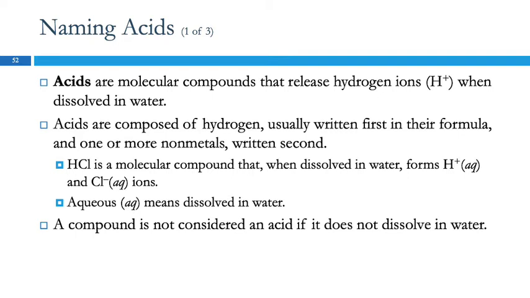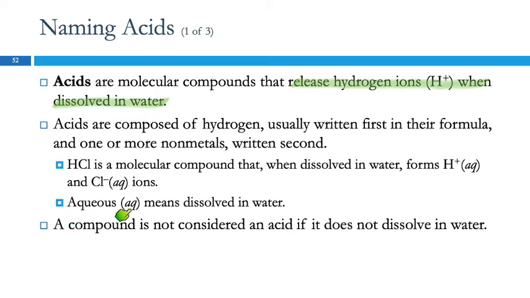Acids. Acids are molecular compounds, but they're special because they release hydrogen ions when dissolved in water. And in terms of naming, it's really only named as an acid if it is dissolved in water. And this is how we indicate that something is dissolved in water.